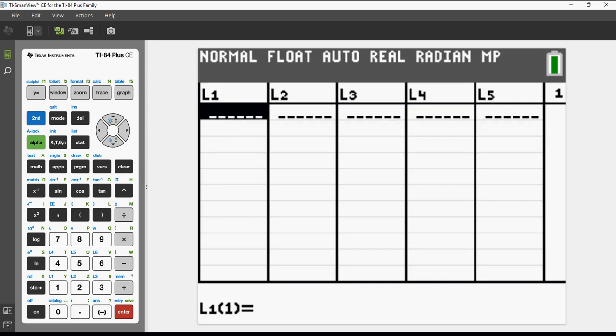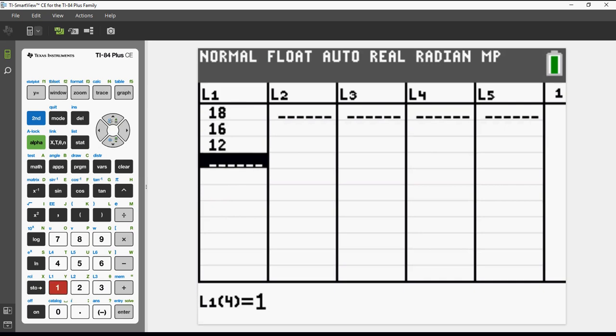All right, and then we can go in and put in our numbers. And again, our numbers can be in any order. So it can be like 18, then 16, then 12, and then 13, and then 14, and then 19, and then 14, and then I need a 15.